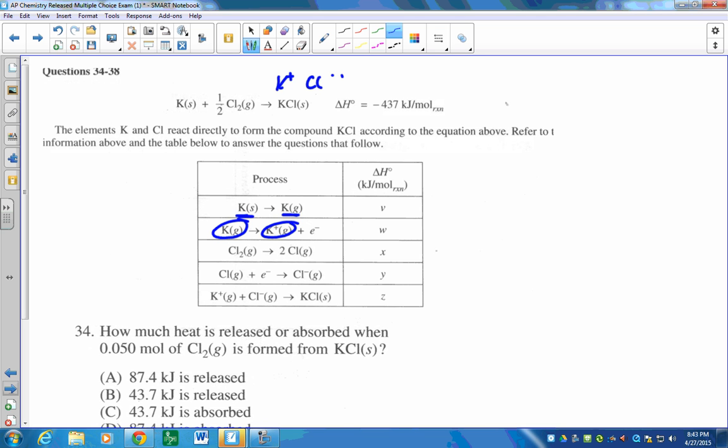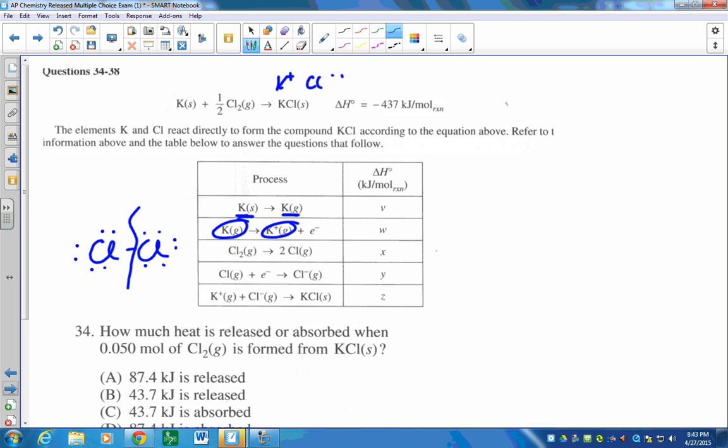And then Cl2, remember we talked about this shared pair, and in order to get 1 K to hook up with 1 Cl, you have to break this apart. So you're taking a Cl2 molecule and converting it back to 2 chlorine atoms.